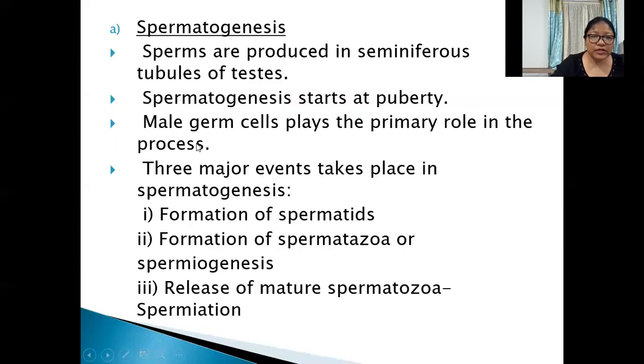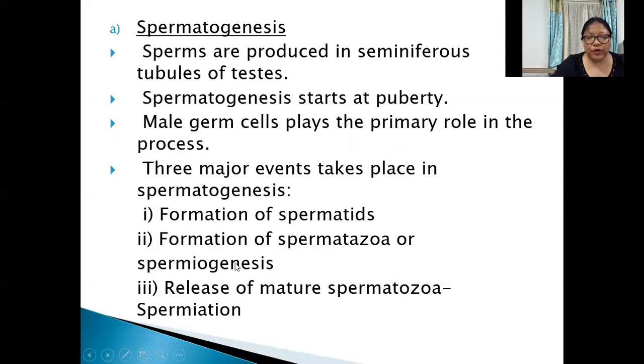Next, the male germ cells play the primary role in the process. What are the male germ cells called? They are known as the spermatogonium or the spermatogonia. They play the primary role because sperms are being produced here. So there are three major events that take place in spermatogenesis. Number one, the formation of spermatids.